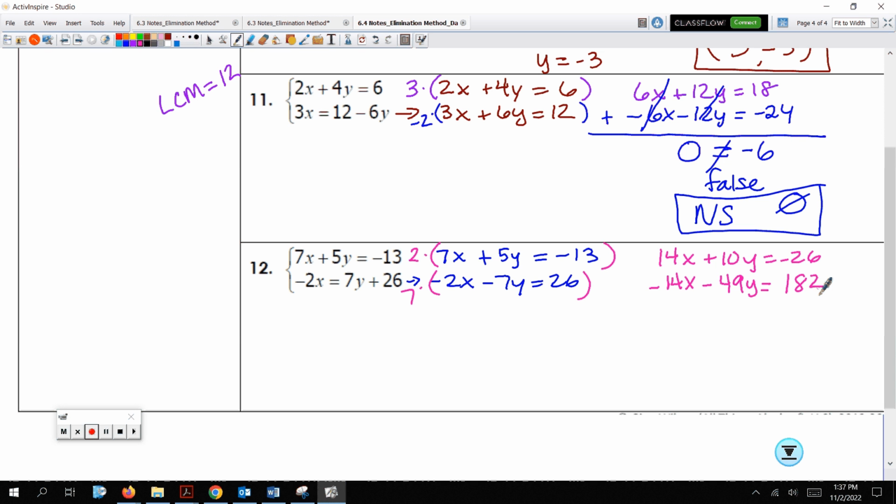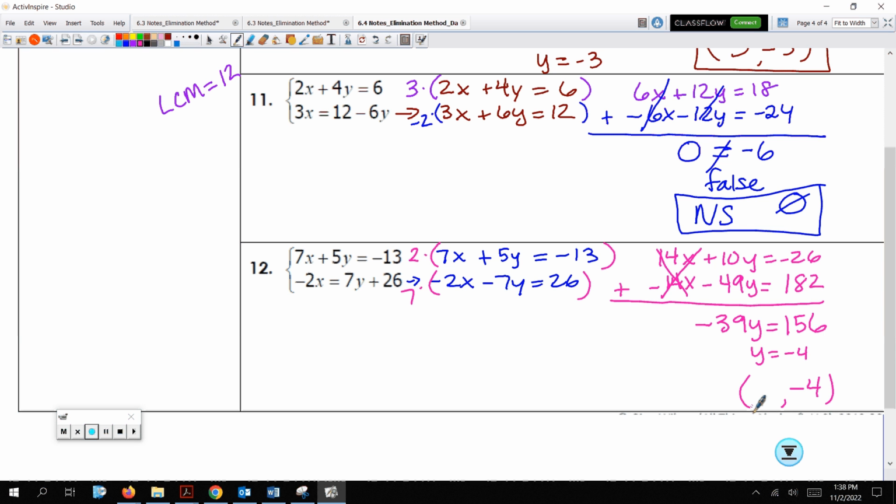All right, cool. Now I'm going to add them together, right? We're eliminating x. Negative 49 and positive 10 is negative 39. Positive 182 and negative 26 is positive 156. When I divide that by negative 39, I get y is equal to negative 4. Went over to my area where I like to write my answers.